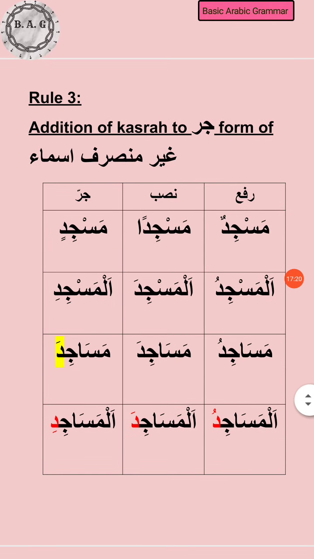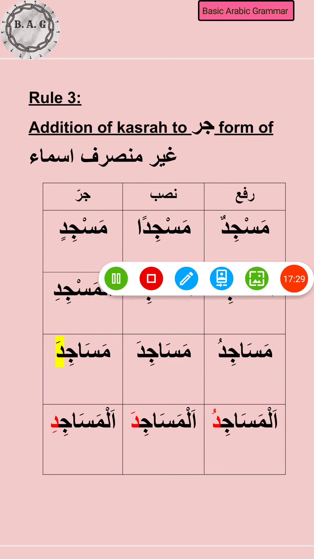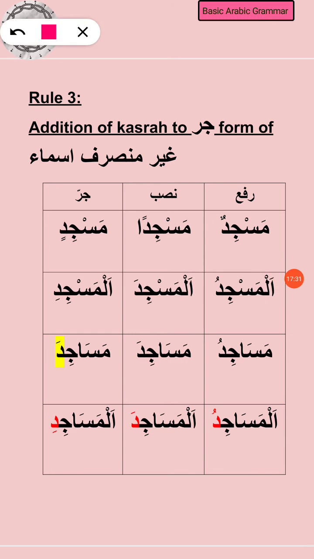Now finally the last rule. What is it? Addition of kasra to the jar form of ghair munsarif asma. I would ask you to just forget about this terminology for some moments, and we'll link to this concept according to the stuff that we already know, so we'll build up on that.